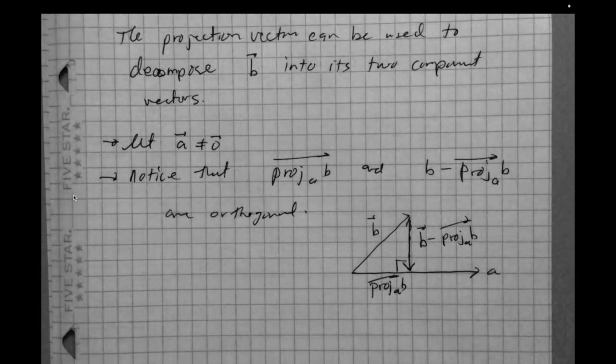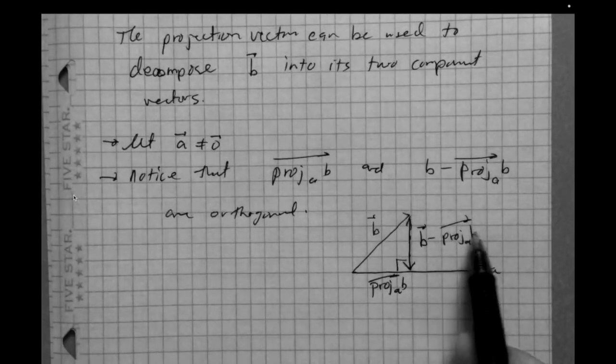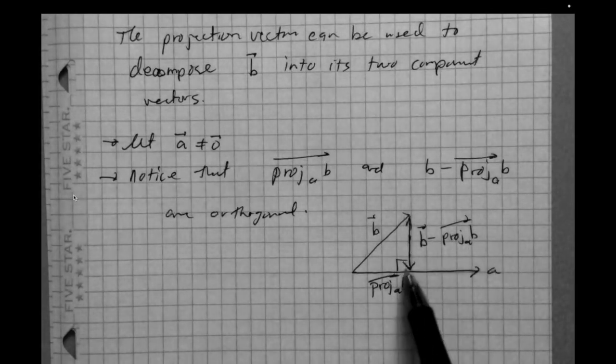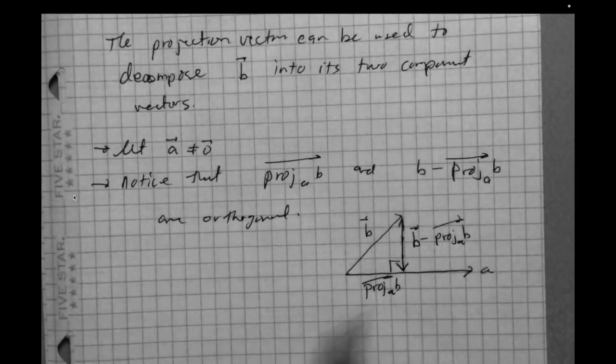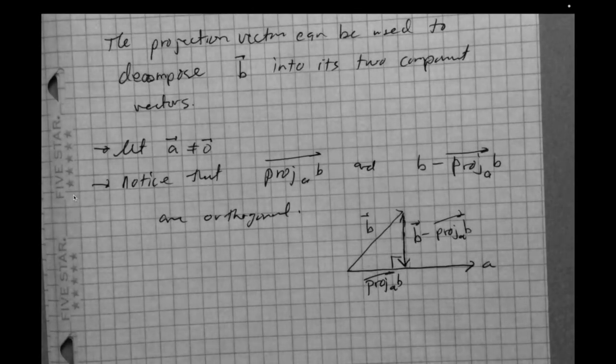We created B minus projection of B onto A by dropping a perpendicular to A. So this has been made to be orthogonal. So these are orthogonal to one another.